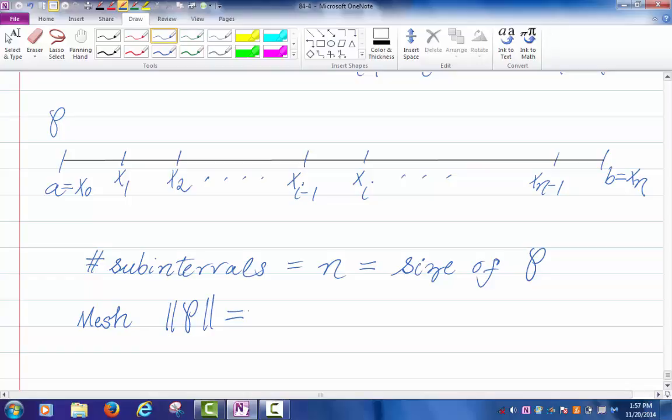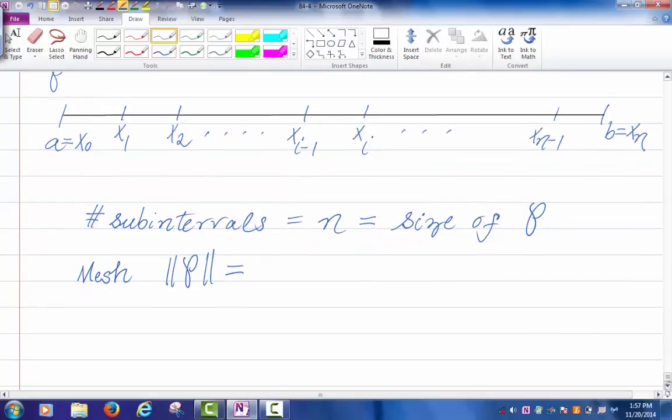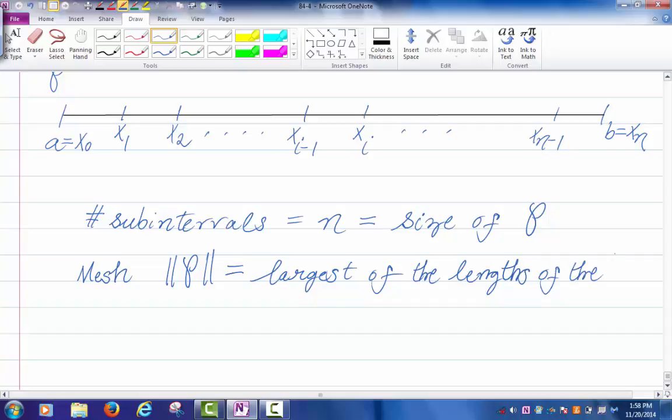So that's the mesh of the partition. Let me write that down. This is the largest of the lengths of the subintervals.